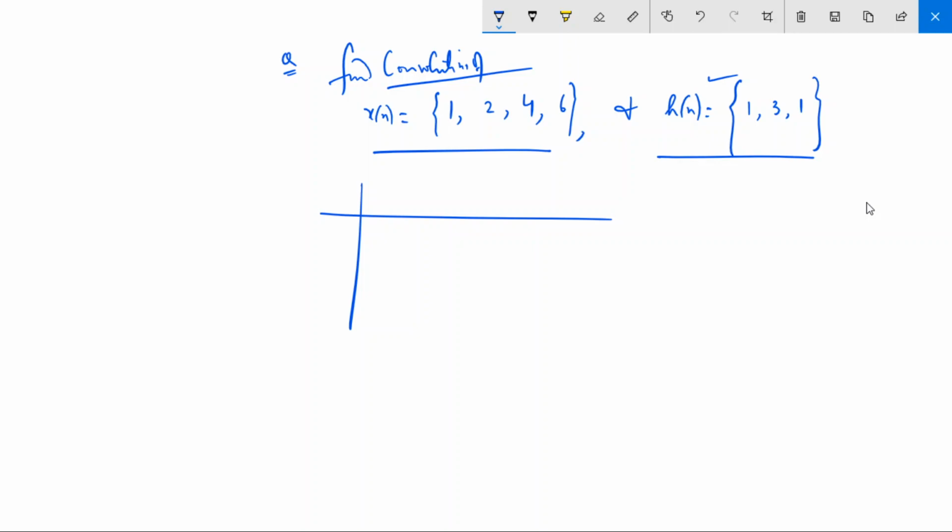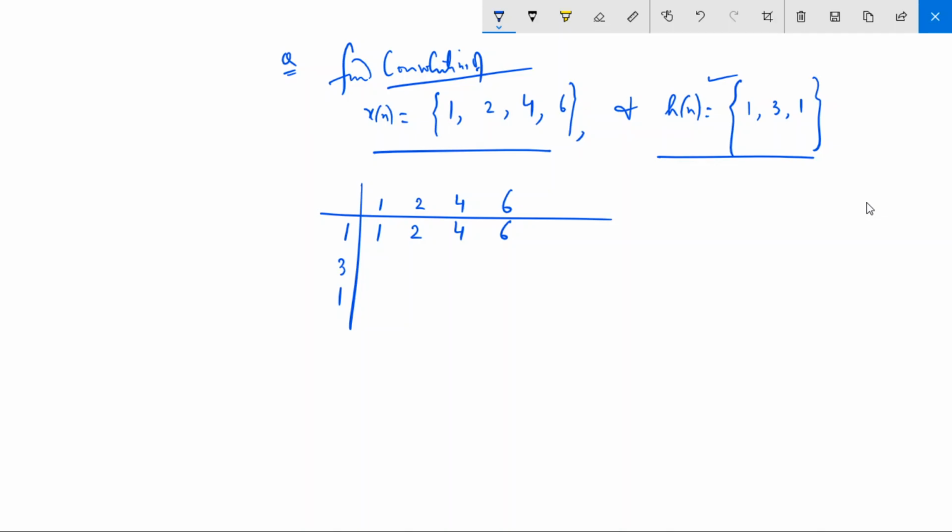You have to first write x[n], that is 1, 2, 4, 6, in this row, and column-wise you have to write h[n], the next three samples, 1, 3, 1, and you have to multiply all the samples of x with individual samples of h. So 1 into 2 gives 2, then 4, then 6.